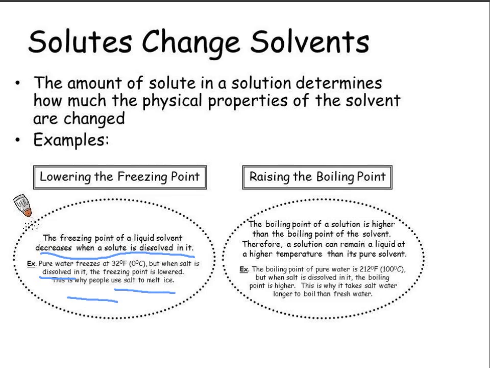Another factor that changes solvents is the raising of the boiling point. The boiling point of a solution is higher than the boiling point of the solvent. Therefore, a solution can remain a liquid at a higher temperature than its pure solvent. An example is the boiling point of pure water, which is 212 degrees Fahrenheit or 100 degrees Celsius.